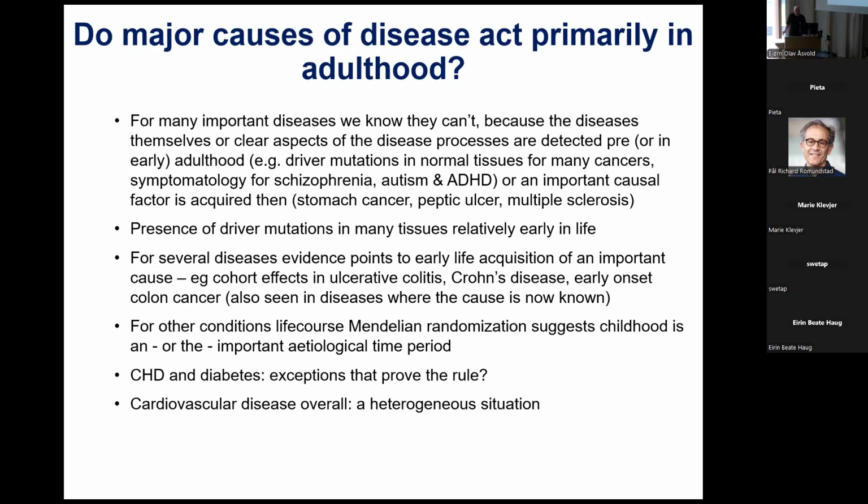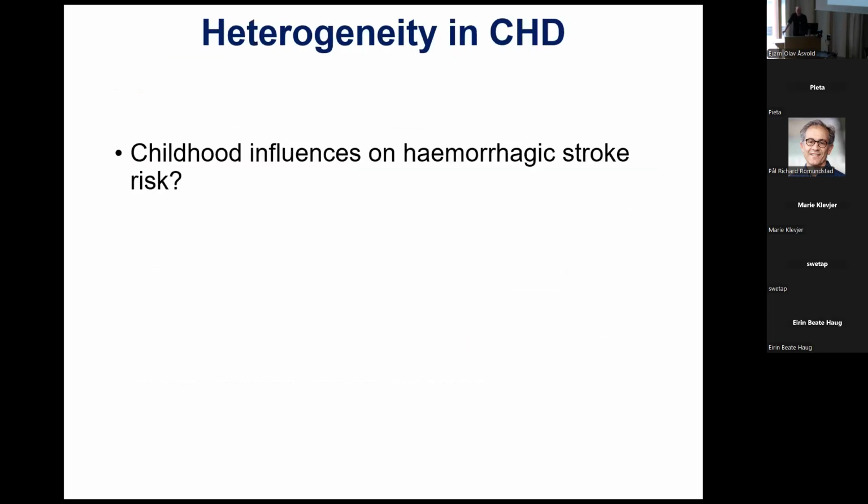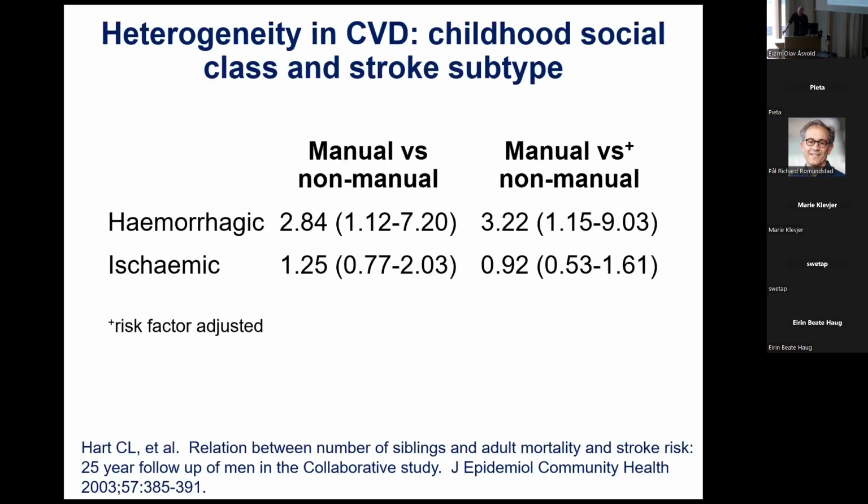Coronary heart disease, lung cancer and diabetes may be exceptions, and of course type 1 diabetes is very different. Cardiovascular disease overall is a heterogeneous situation. For hemorrhagic stroke risk, there is good evidence of a childhood contribution.